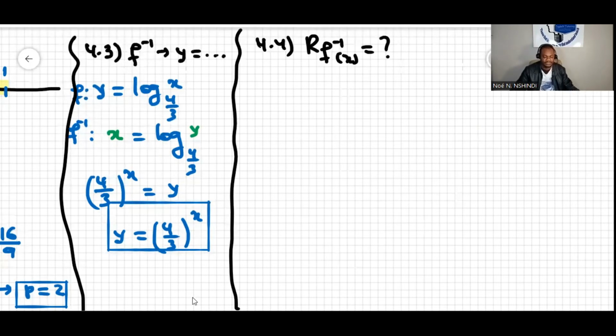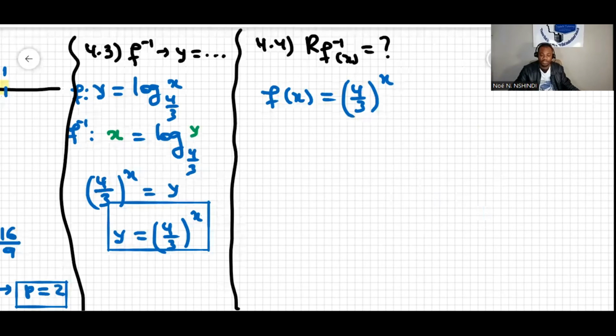Now f of x is this exponential function 4/3 to the power of x. The range will be all the acceptable y values. In this case, an exponential function is always positive. So regardless of the value of x, y will always be positive. Whether x is positive or negative, y will always be positive.